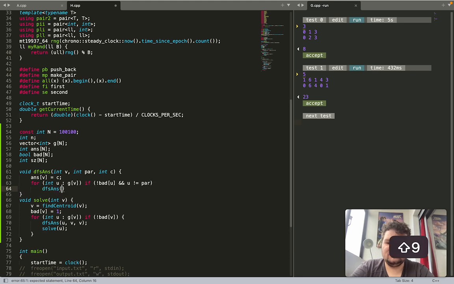And in all DFSs that I will have, I'm traversing the edge if this vertex is not bad, and I'm not going back to where I came from, the parent.